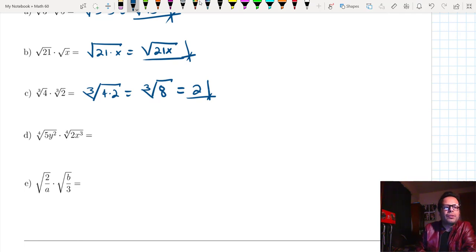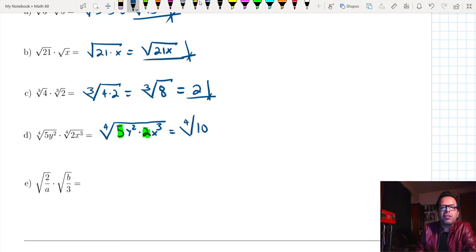Let's move on to the next one. We have the fourth root of 5y squared times the fourth root of 2x cubed. In this case, we have two radicals with the same index. That means we can write everything inside of a single radical, the quantity 5y squared times 2x cubed. Let's try to simplify the inside of the parentheses. We may multiply the coefficients 5 times 2, which gives us 10.